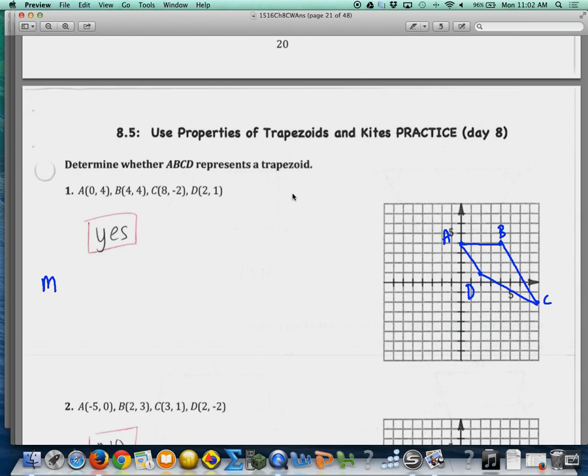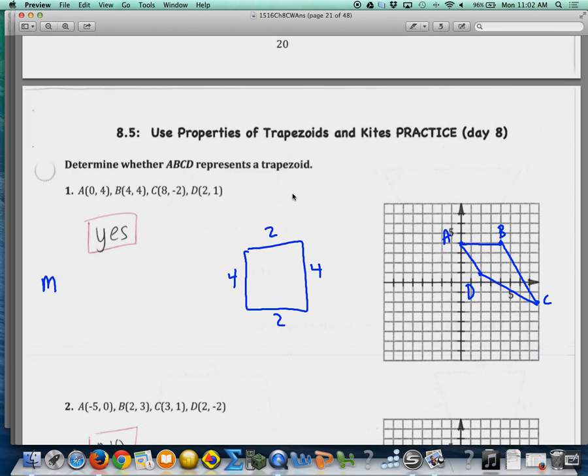Okay, let's think about this. If I have a figure and I only do 2 slopes, and I find my slopes to be 2 and 2, does this figure have to be a trapezoid? No. What could it be? Parallelogram. What if these slopes happen to be 4 and 4?